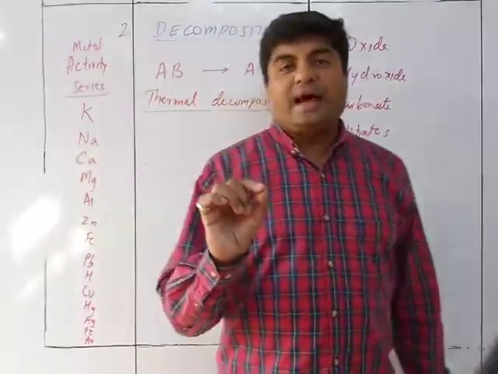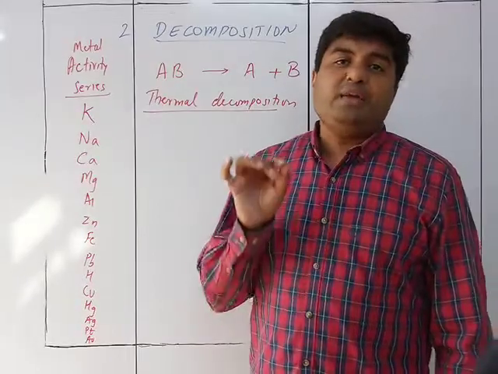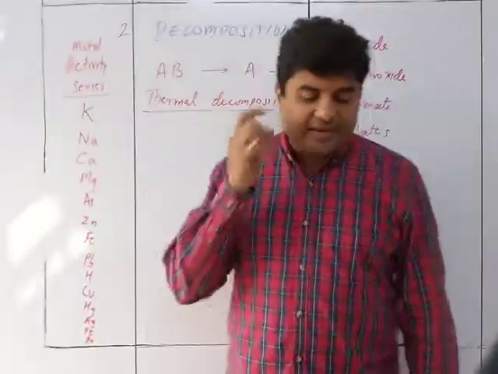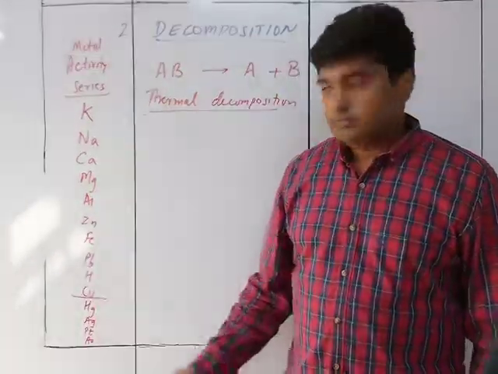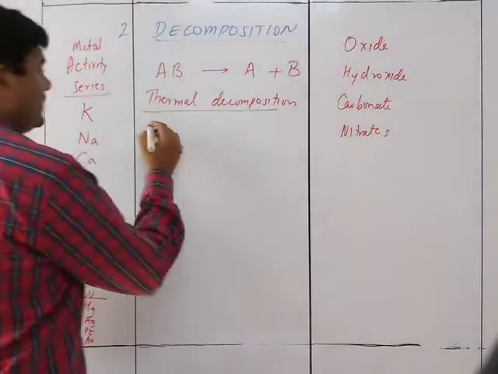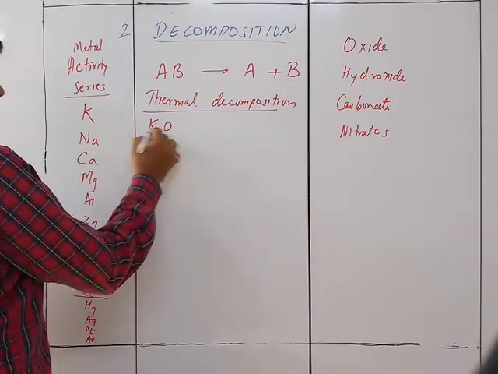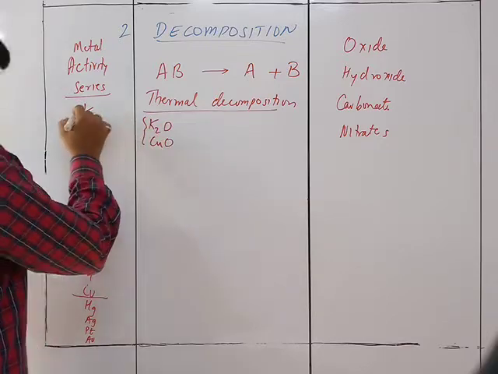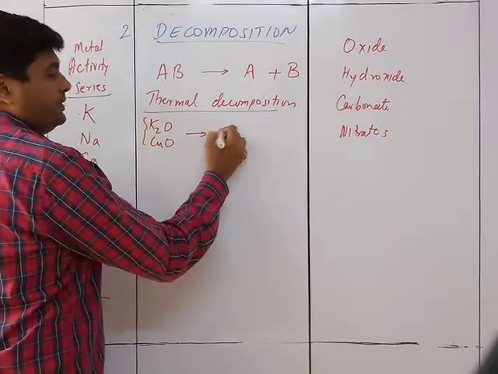It is seen that the oxides of each and every metal till Cu, till copper, are stable. That means if I take K2O, or CuO, all the ones between this and this, jitne bhi oxides hai, they are stable.